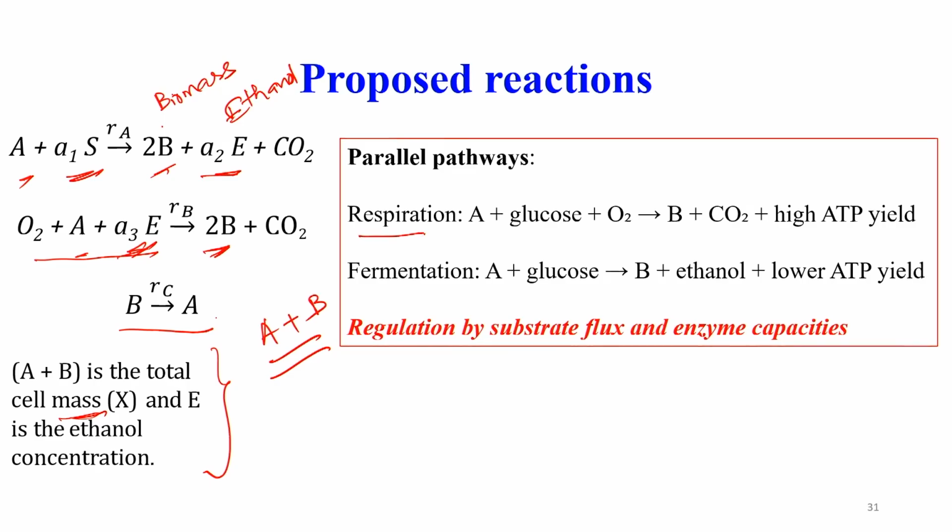Now, in the respiration, just see what is happening. A plus, let us say for example glucose, oxygen, is converted to B, carbon dioxide and higher ATP yield. And in case of the fermentation process, let us say A is reacting with glucose in the absence of oxygen, producing biomass along with ethanol, that is your product, and lower yield of ATP.